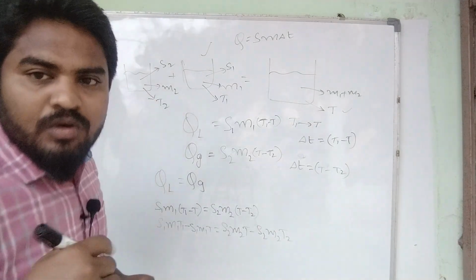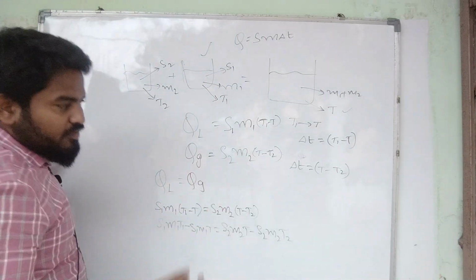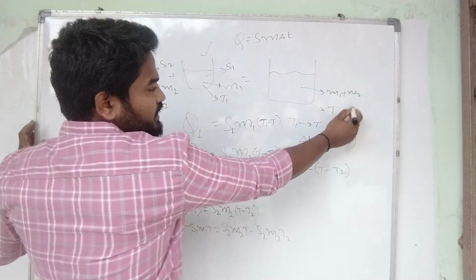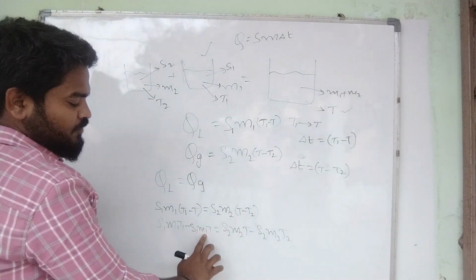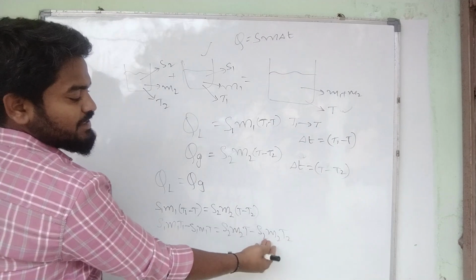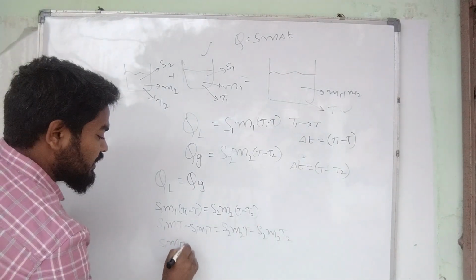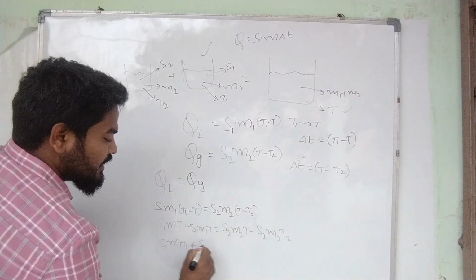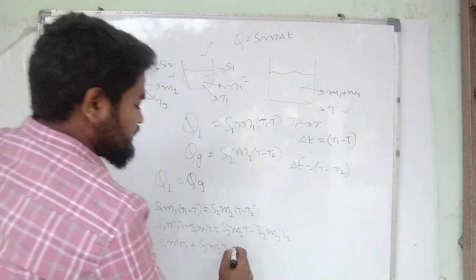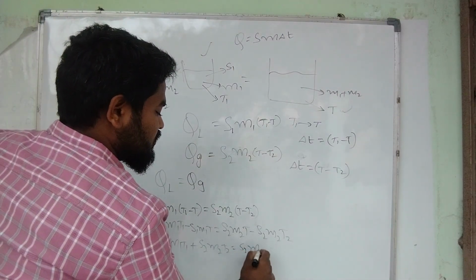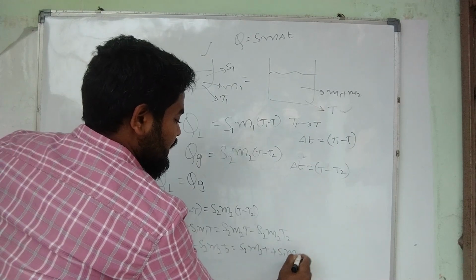We want to find the final temperature, so take the S1 M1 T term to that side and send the S2 M2 T2 term this side. Then S1 M1 T1 plus S2 M2 T2 equals S2 M2 T plus S1 M1 T.